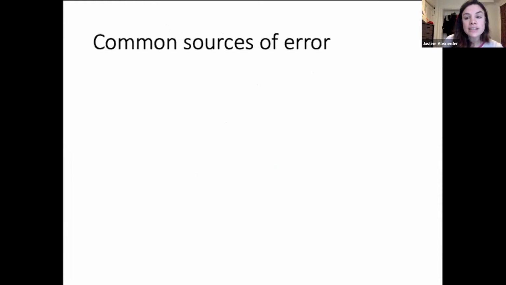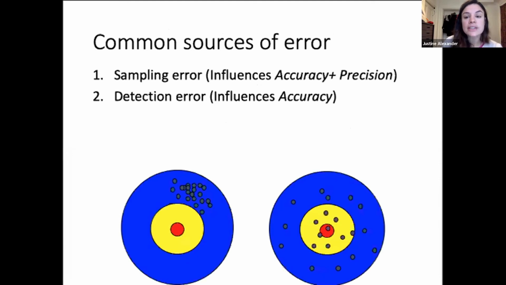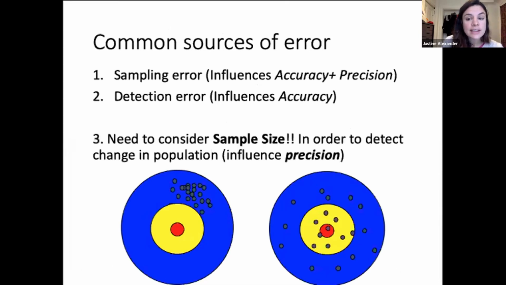So we discussed in module 1 that there are common sources of error for our estimate, and these include sampling and detection error, and these will influence accuracy and precision of our estimate. There's also sample size that may influence the precision of our estimate, with small sample sizes increasing variance, for example.